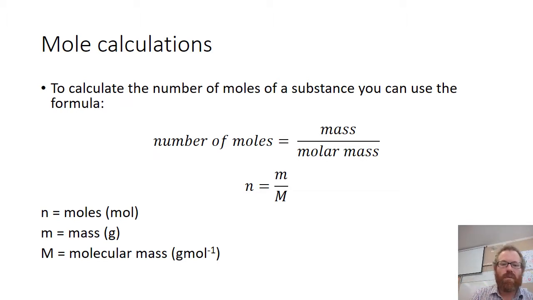So if we want to work out the number of moles of something, we divide the mass of it by the molar mass. And if we write that in abbreviated form, it's n equals little m for mass over big M for molar mass. You can think of it as if it's like a bunk bed and you got to have the small person on top rather than the big person who will break it.